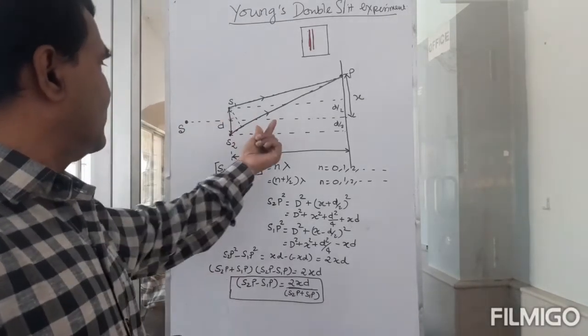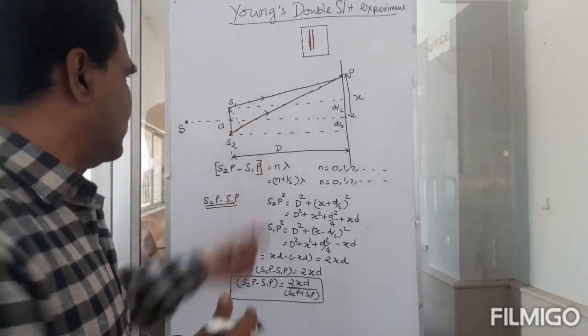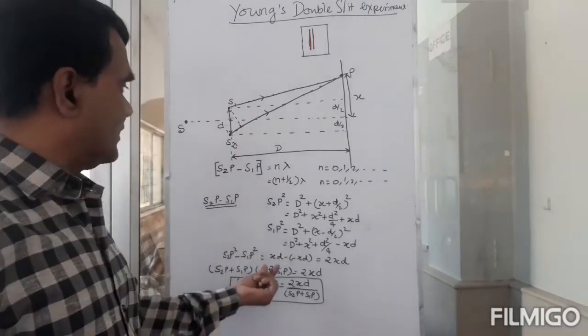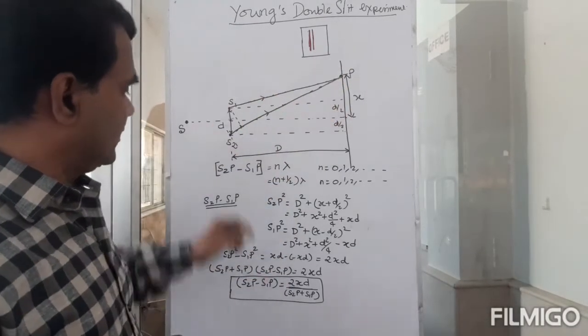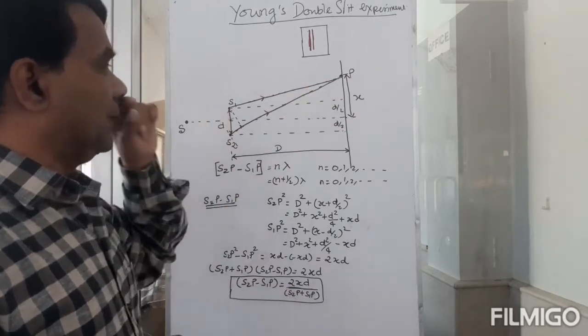So S2P minus S1P, the path difference, which is what I'm interested in, is equal to 2 times x into d divided by S2P plus S1P.